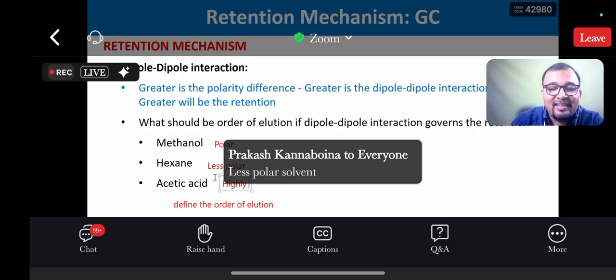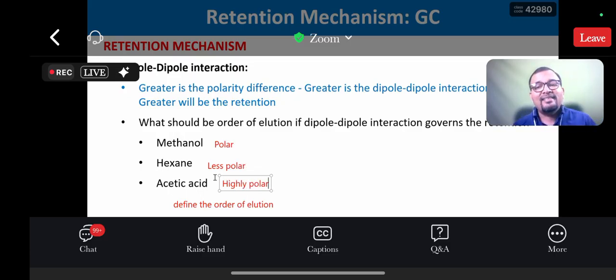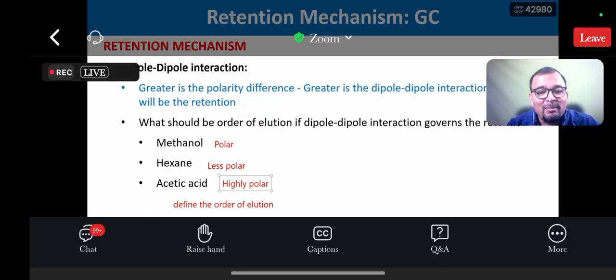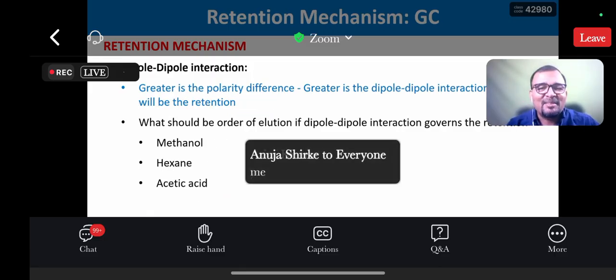You got the characteristics of the compounds. Hexane is less polar, methanol is polar, and acetic acid is highly polar. Now, easy to define the elution order? Yes or no? And this is the elution order. How many of you got this right? Type it to me in the comment box. Hexane, methanol, and acetic acid.